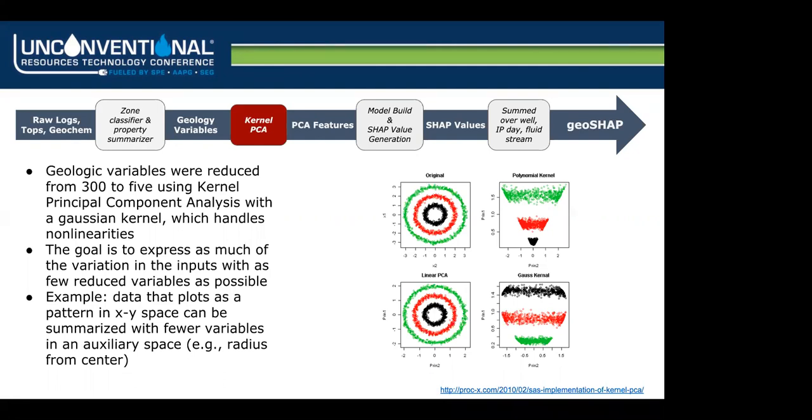For those of you familiar with kernel or regular PCA, the notion is that you can take a data set and decompose it into a linear combination of transform variables. The kernel part allows us to take advantage of nonlinear relationships.